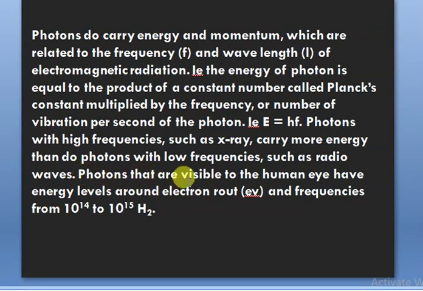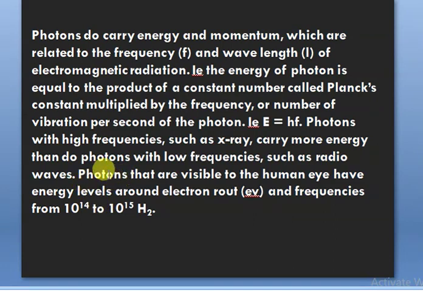Now, photons that are visible to the human eye, as I've said before, have energy levels around a few electron volts, and frequency from 10 raised to power 14 to 10 raised to power 15 hertz. I told you that photons that are visible to the human eye have a particular frequency, and you can see them.